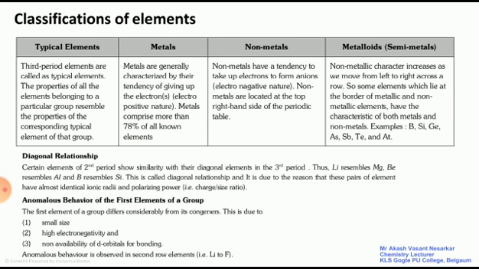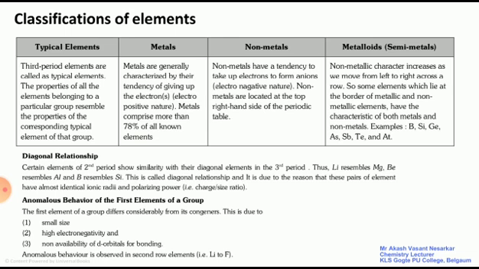Metals comprise more than 78% of all known elements. So remember, metals are electropositive in nature, or the element which gives up the electron very readily will act as a metal.